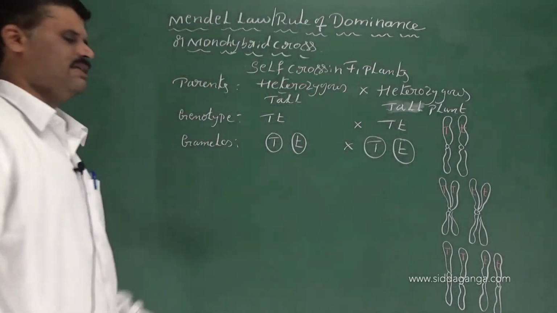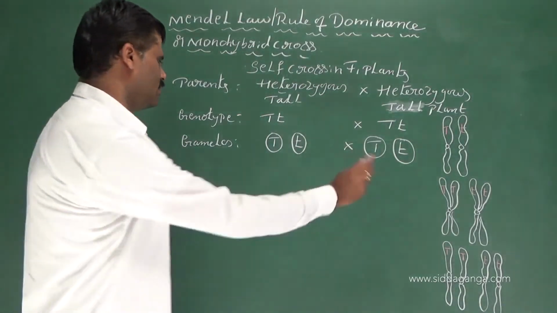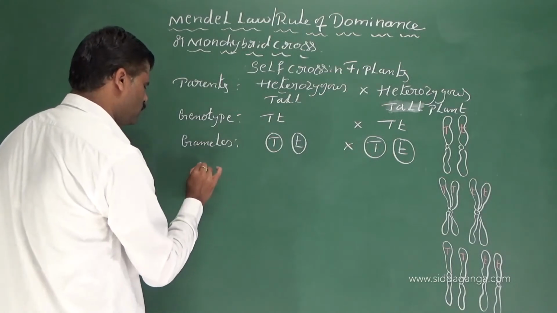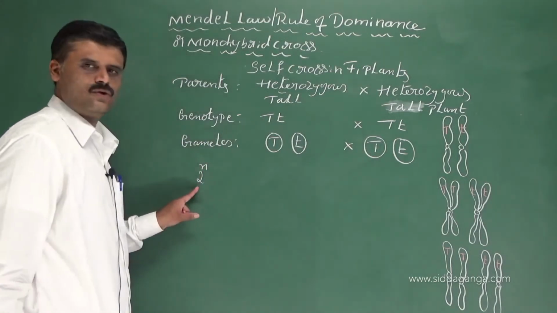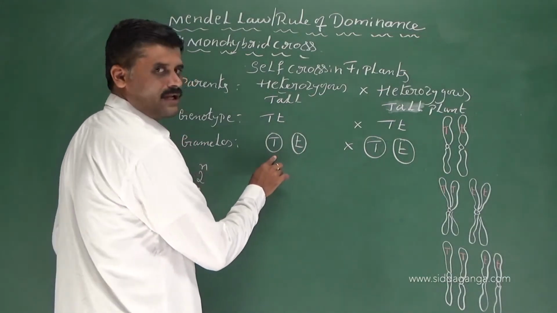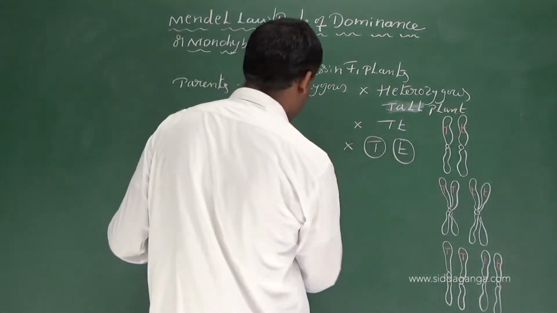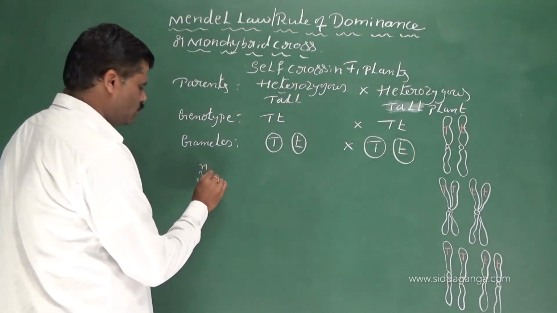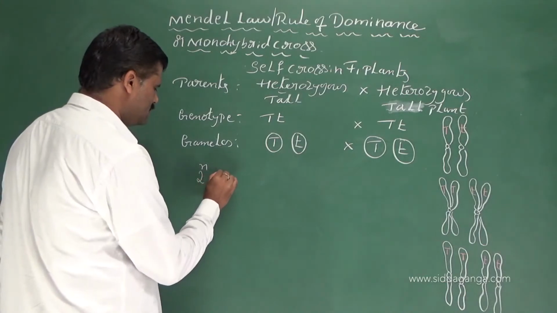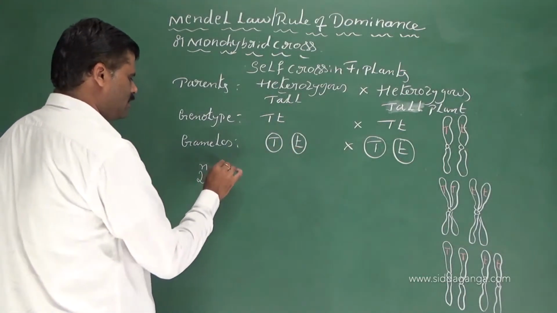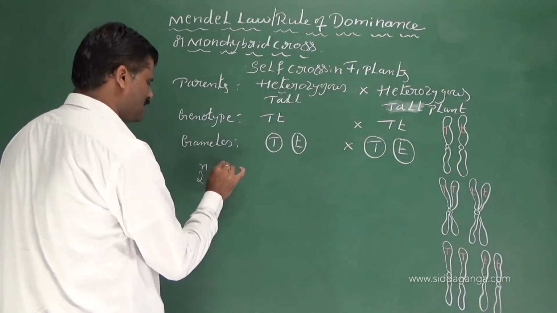See, the gamete representation may also be taken by the formula 2 to the power of n. 2 is nothing but the 2 genes for a character, and the character is height. So 2 to the power of n, that is, 2 alleles are there or 2 genes are there. n, the character, is height.